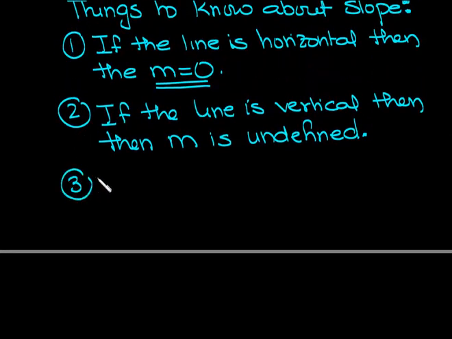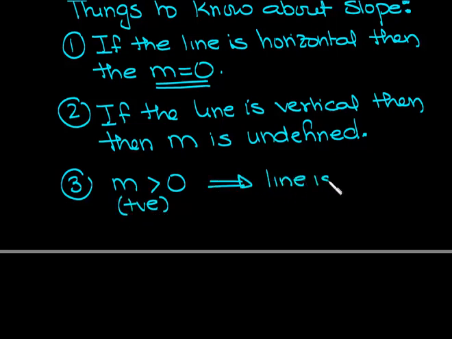Here's another thing. If the slope is positive, and I'll write it as m greater than 0, this basically means it's positive. This implies that the line is rising.